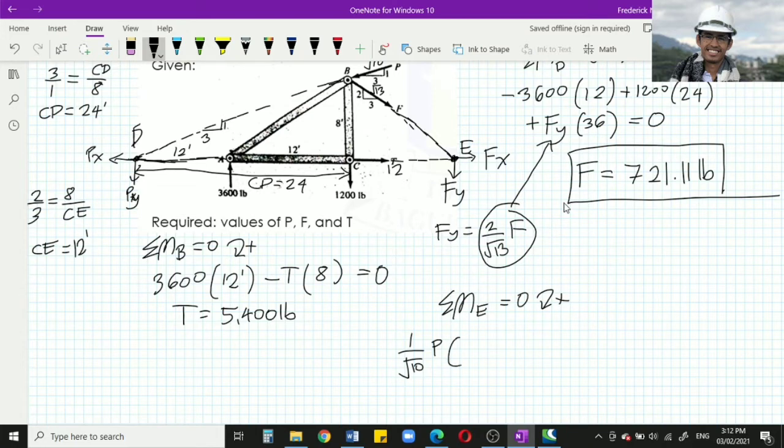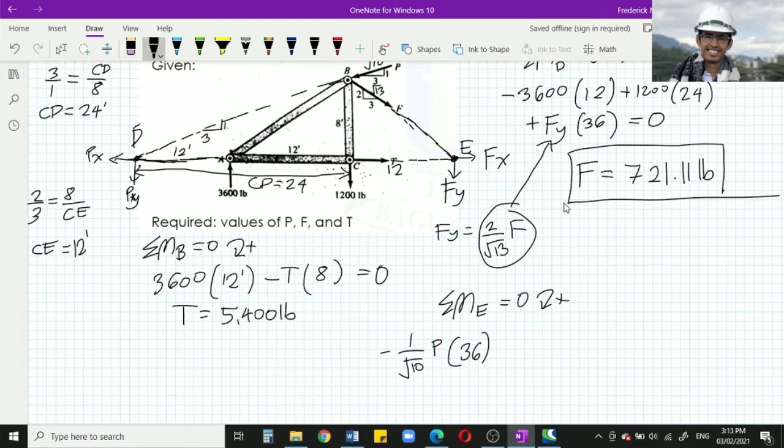So multiply natin. So ano yung distance niya? That will be 24 plus 12 will be 36. Counterclockwise siya, class. So kaya magiging negative ito.